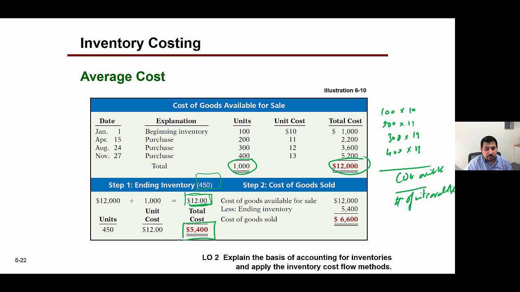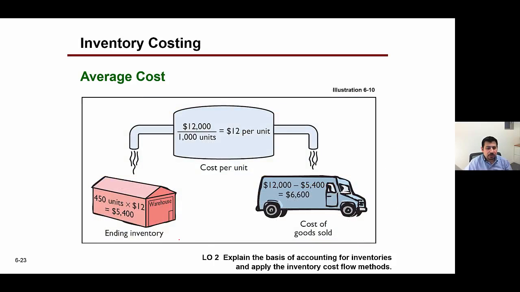We subtract it from the cost of goods available for sale, and that would give us the cost of goods sold. Here we're saying that it doesn't matter which unit we are selling, we are taking the average of all these units, and then we multiply it by the number of units that are in our warehouse to give us the ending inventory, and then we can also calculate the cost of goods sold.